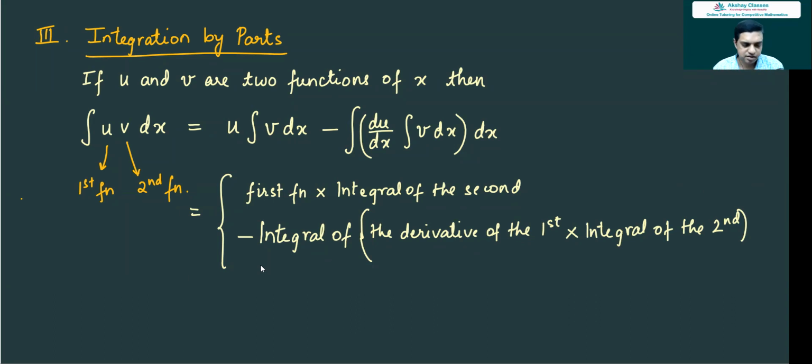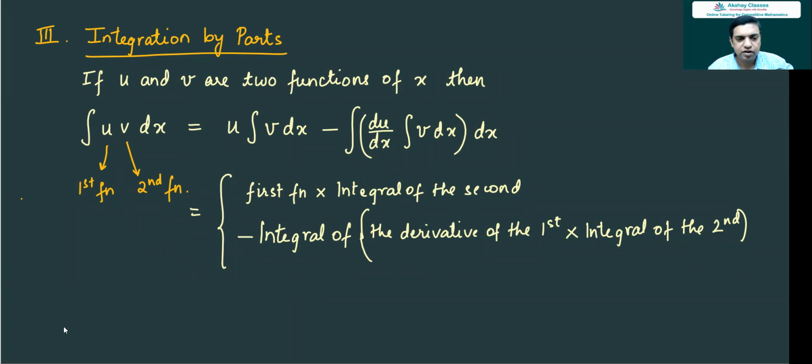Of course, this can be proved, and in preliminary texts on integral calculus, this proof is very readily available. But for us, we just go by this formula: first function times the integral of the second, minus the integral of the derivative of the first times the integral of the second.